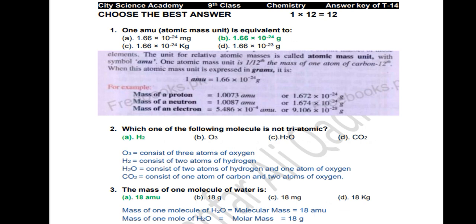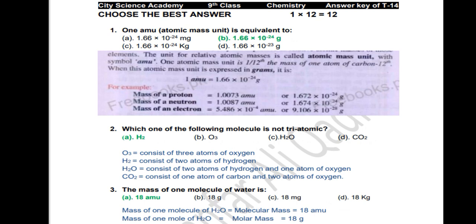So one atomic mass unit is equal to 1.66 × 10^-24 gram, and one atomic mass unit is 1/12th the mass of an atom of carbon-12. This is option B, the correct option.